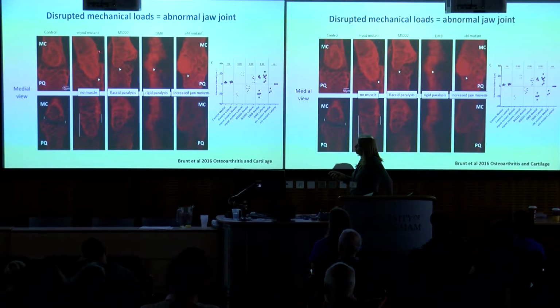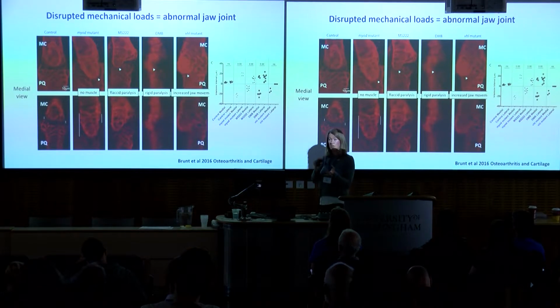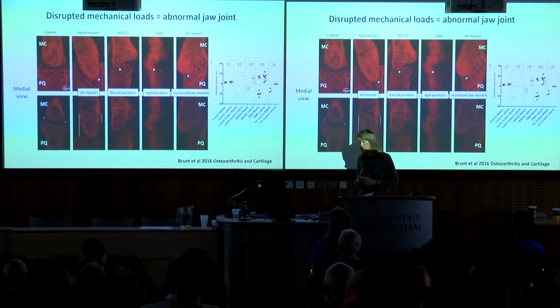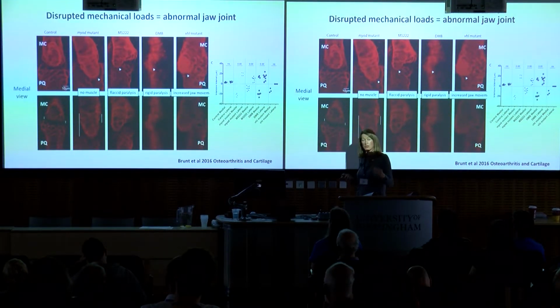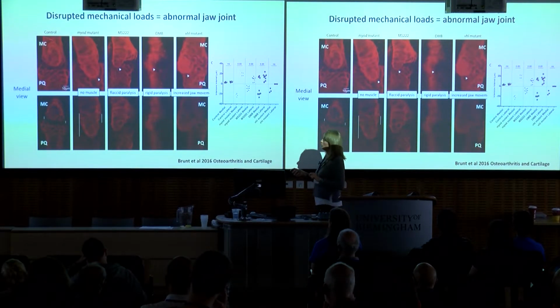In our mutant forms, what happens is on the medial side, the jaw joint grows over, and then on the lateral side, it grows away. So we've got this disrupted jaw joint shape when we either anesthetize the muscles, or even when the animal's moving its jaws too much, it also messes up its jaw joint. So there's kind of a sweet spot there in what they need to do.